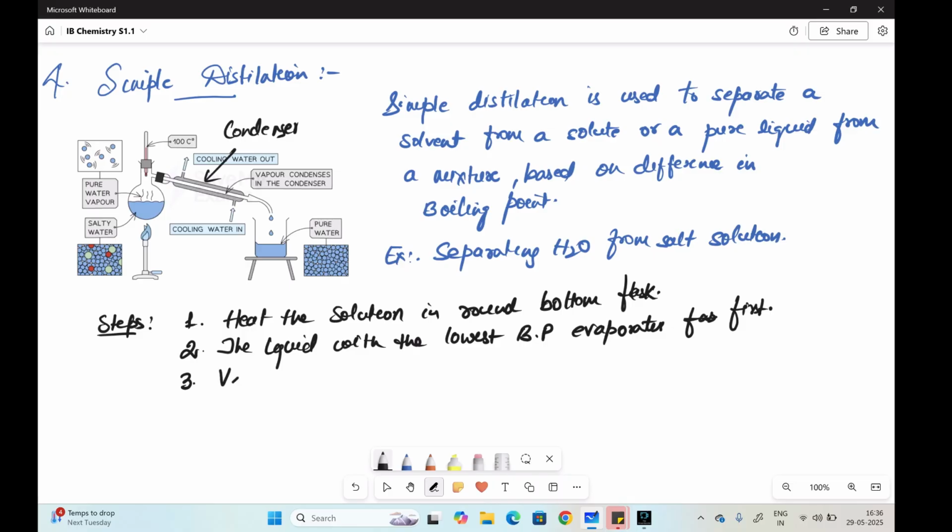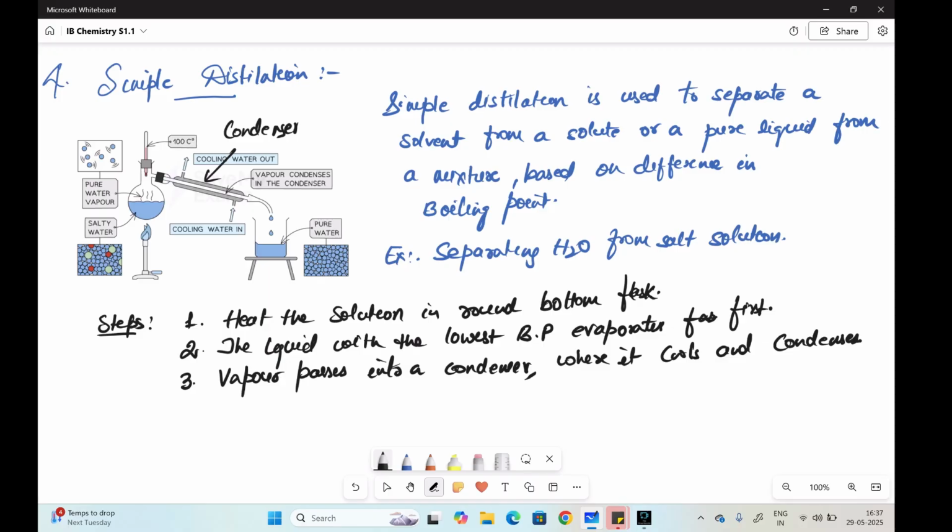We can say vapor passes into a condenser where it cools and condenses, right? So as they're getting cooled, that is distillate, the distillate is collected.